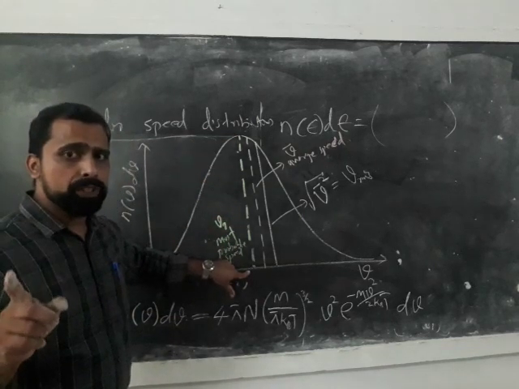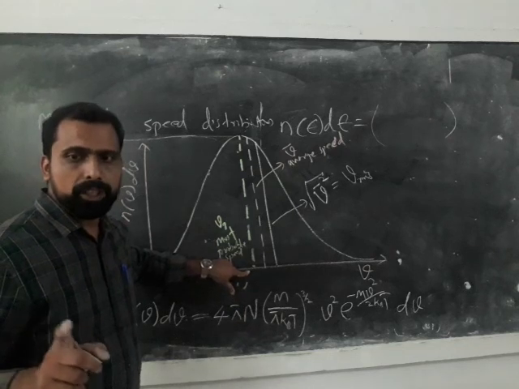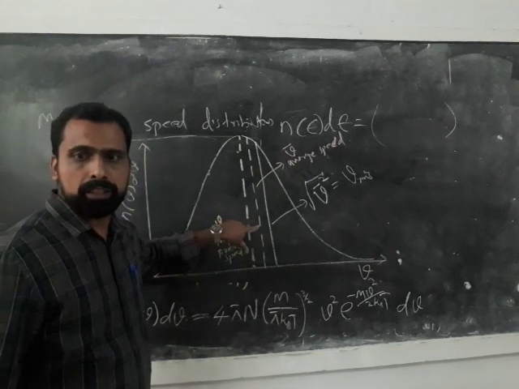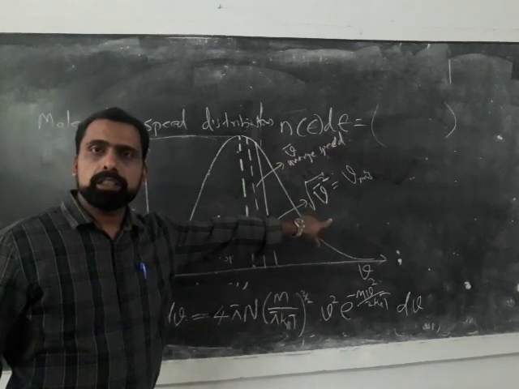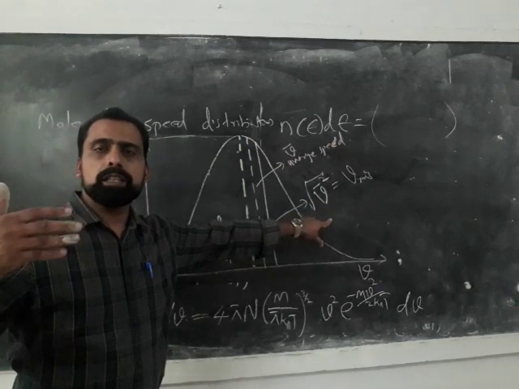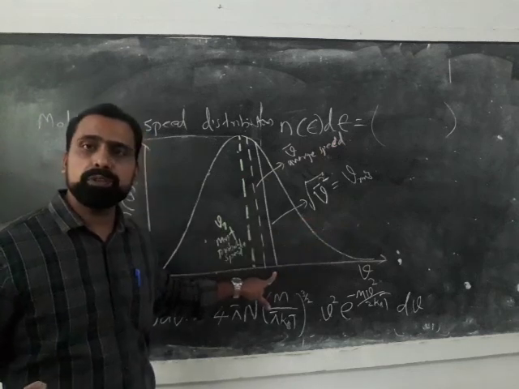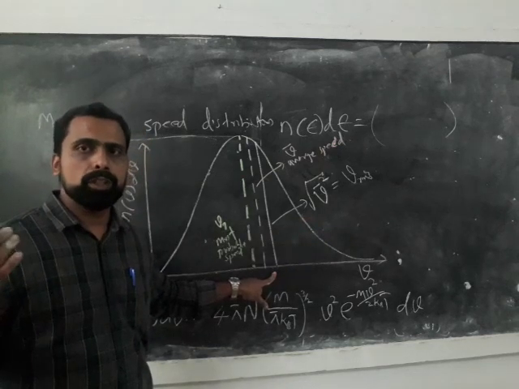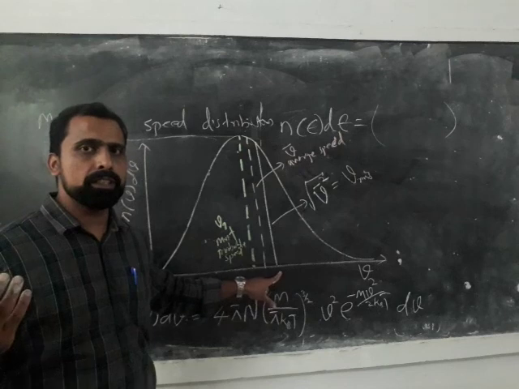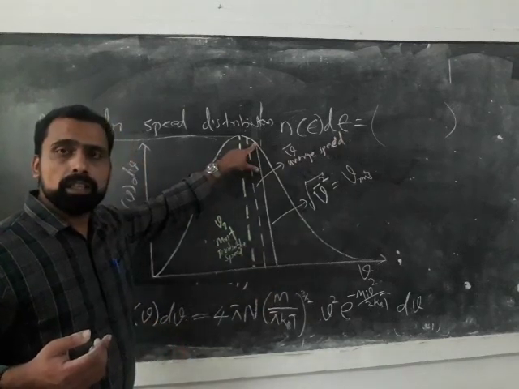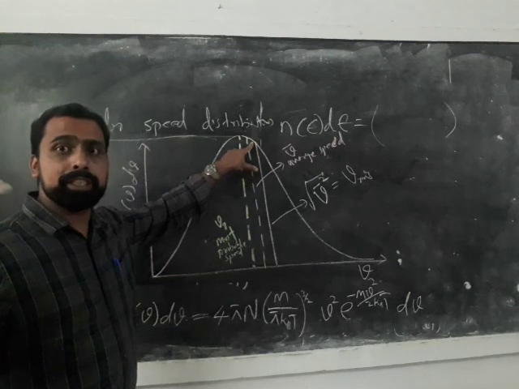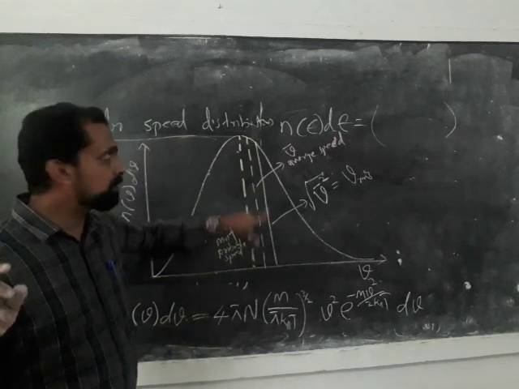Out of these you have to be careful. VRMS, root mean square speed, is the highest speed, but the highest number of particles doesn't possess this VRMS.